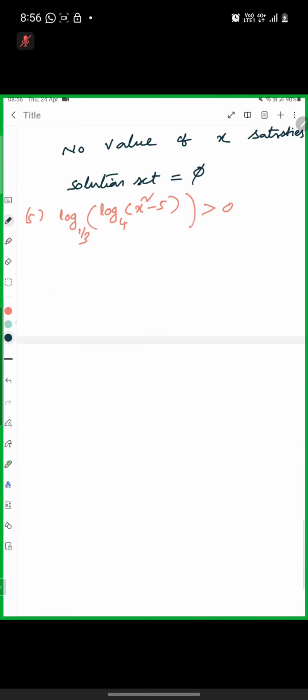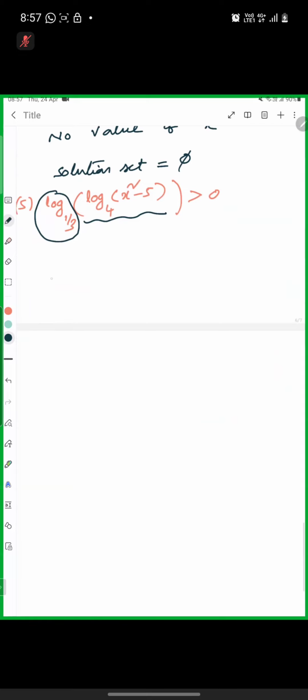Now see here. Listen carefully. This logarithmic function is defined if this variable is positive.